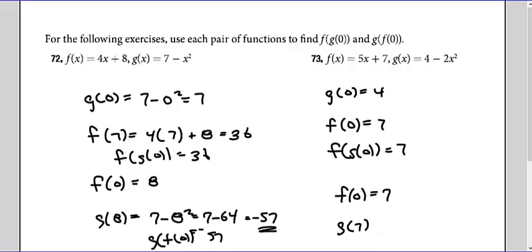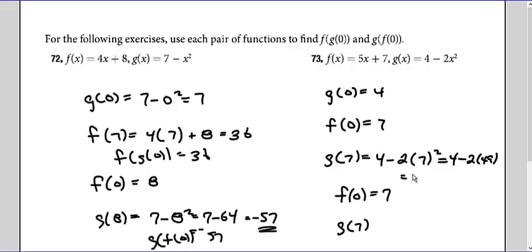And I just realized that I got the last one wrong, so let's fix that. We need to do g of 7, not g of 0. So g of 7 is 4 minus 2 times 7 squared, which is 4 minus 2 times 49, which is 4 minus 98, which is negative 94.